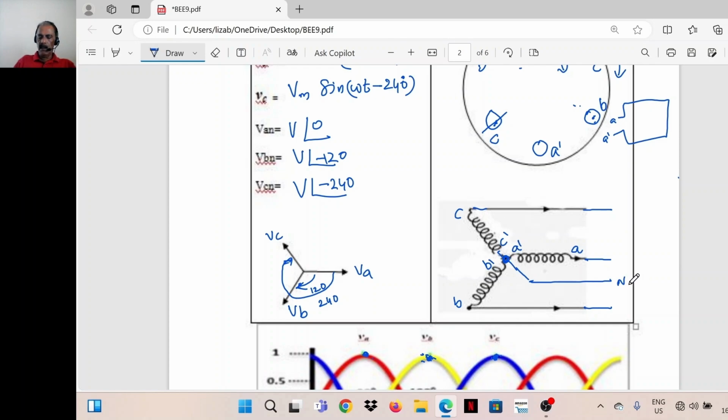This is called the neutral point. I can take out a connection from there. This is the neutral point, with A, C, B and the neutral. So these are the voltages VA, VB, VC. These are the RMS values of voltages between A and neutral, B and neutral, C and neutral.